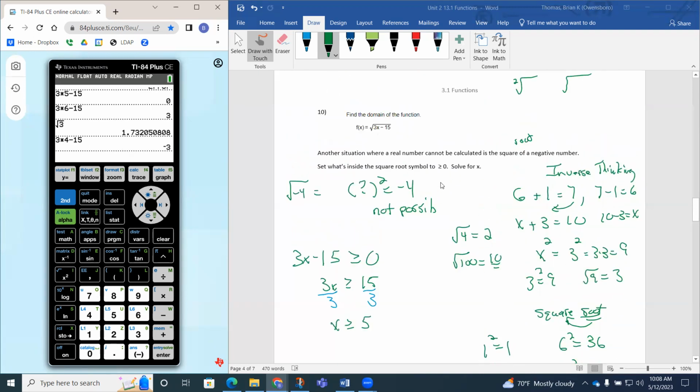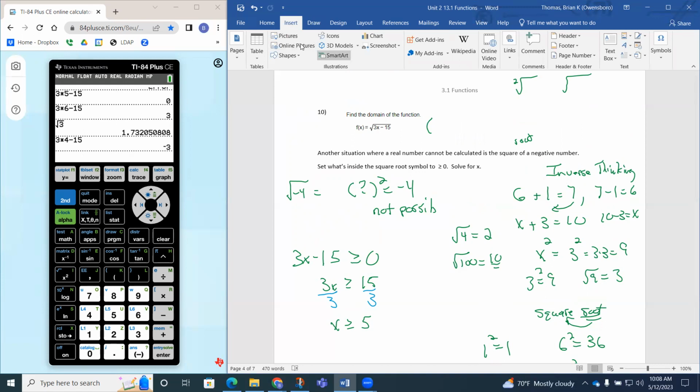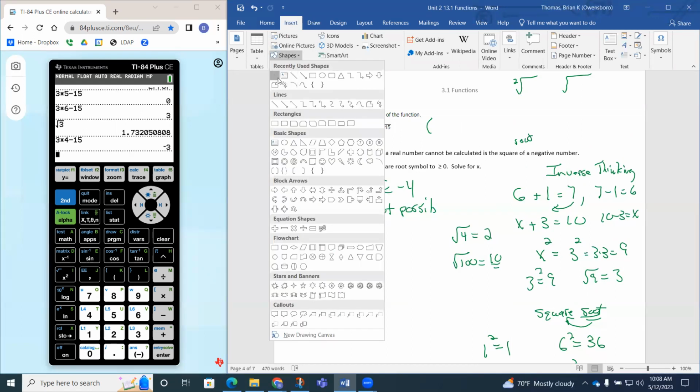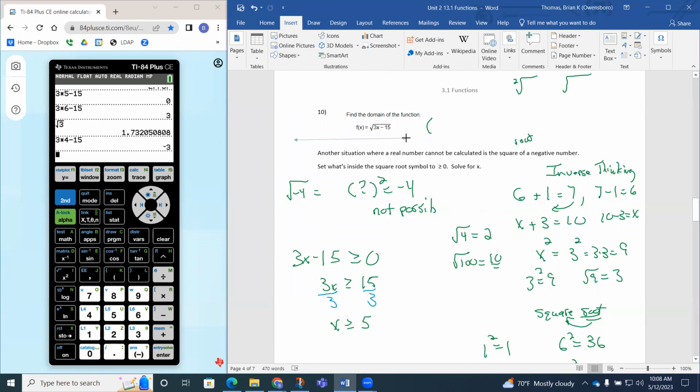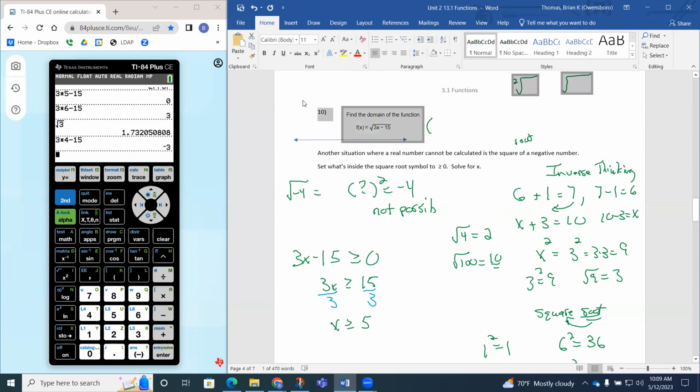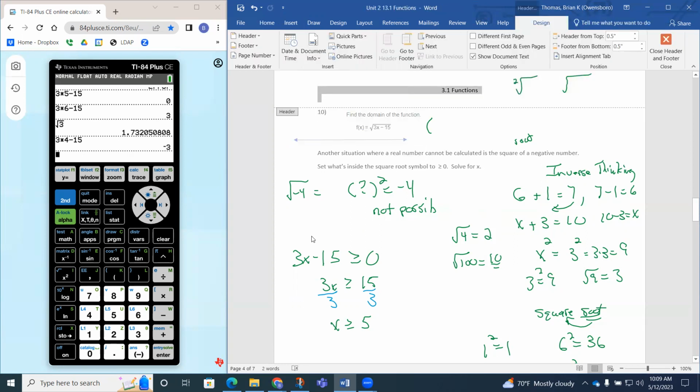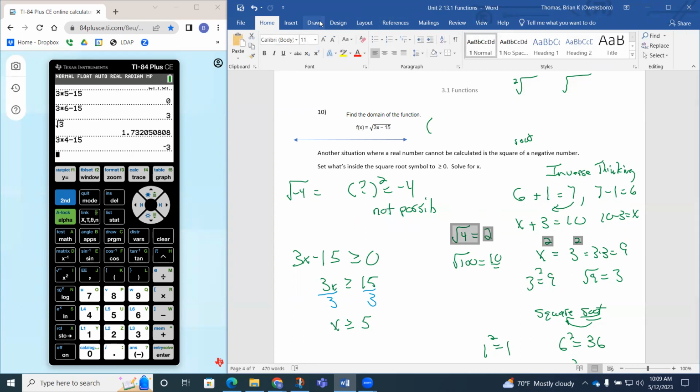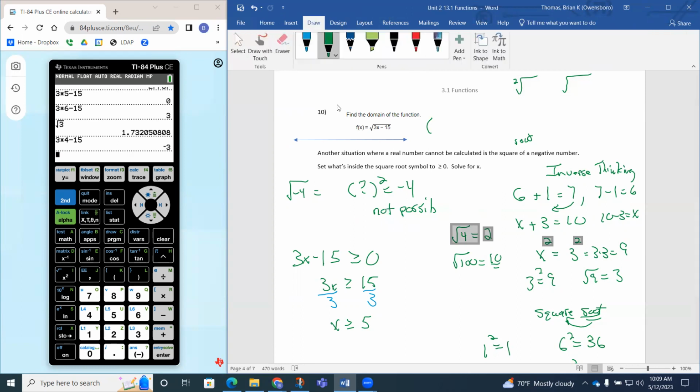If I'm using interval notation, our domain is, and if I use a number line to visualize this, if I have 5 here on the number line, we can equal 5 and we can be to the right of 5. That's our domain. We can't be over here, left of 5.